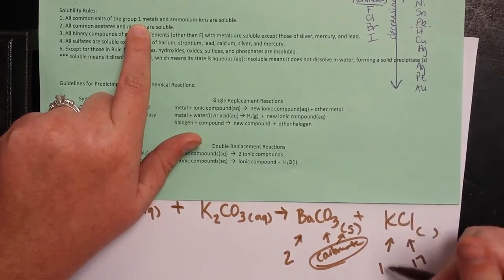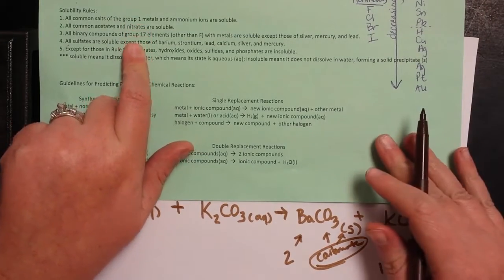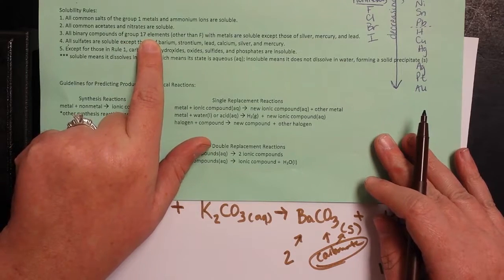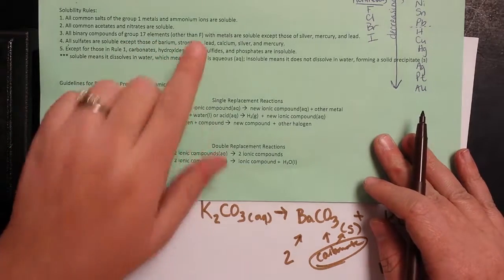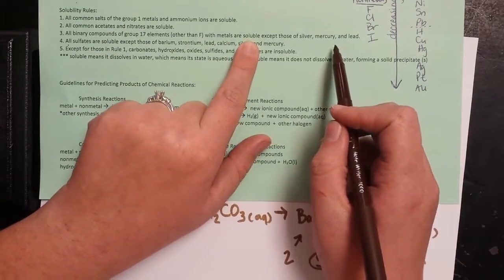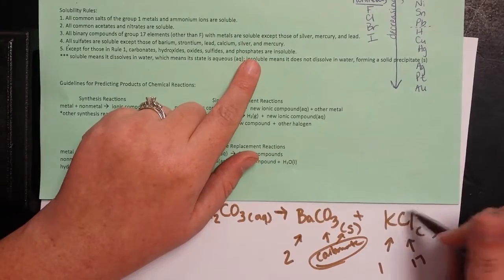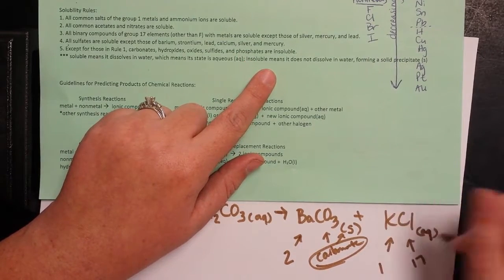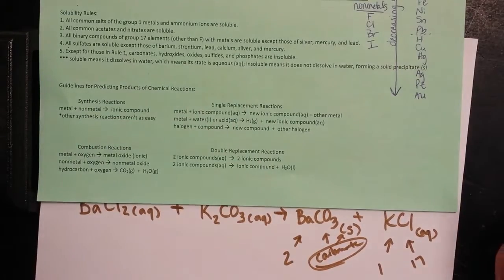Well, that's a group 1, so this should be soluble. And we can also back it up by saying all binary compounds of group 17 elements, except for fluorine, with metals are soluble unless they're one of those weird guys. Well, this is group 17 with a group 1. That is without a doubt going to be soluble, so it will be aqueous in its state.